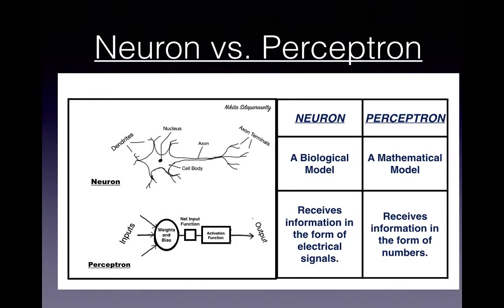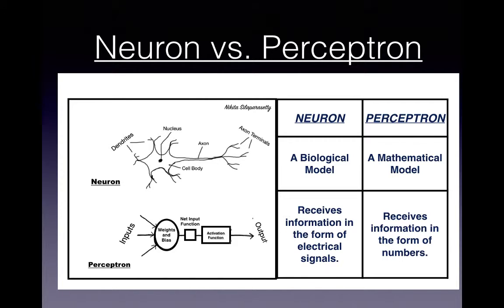neurons. Now let us compare a neuron and a perceptron. Looking at the diagrams, we can see that although there are obvious differences between them, the basic structure is similar for both. Theoretically, we have two main differences. First, a neuron is a biological model, while a perceptron is a mathematical model.